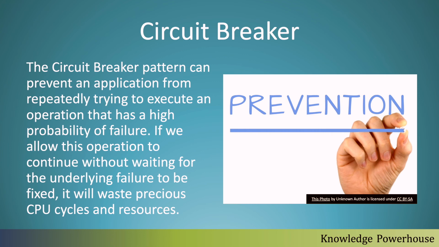And if we allow this operation to continue without waiting for the underlying failure to be fixed, it will waste our precious CPU cycles and resources. That way, it will make the situation worse. So we can use a circuit breaker in such a scenario to prevent unexpected effects on our CPU cycles and resources due to these kinds of failures.